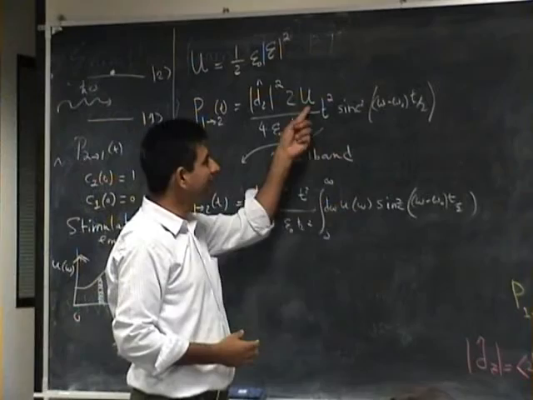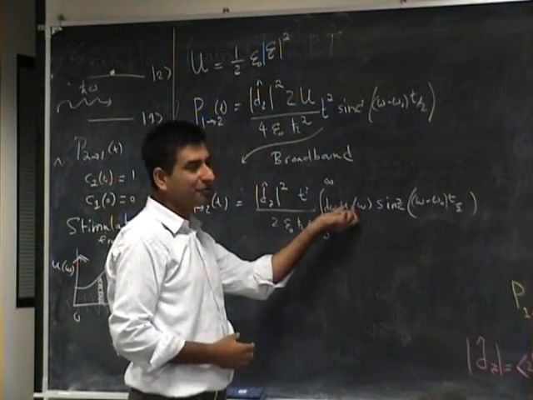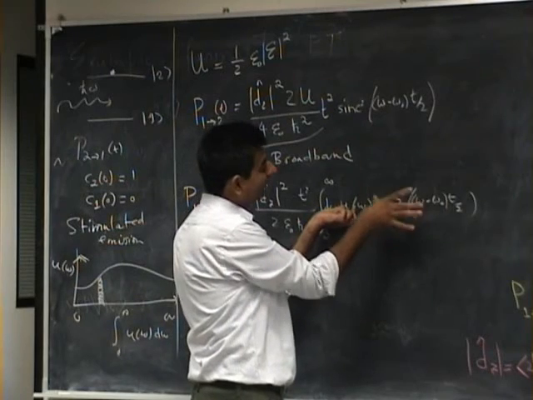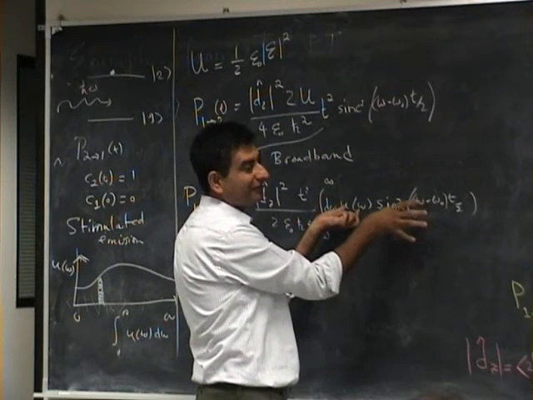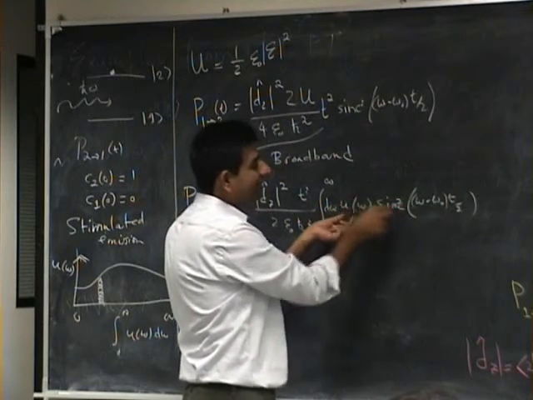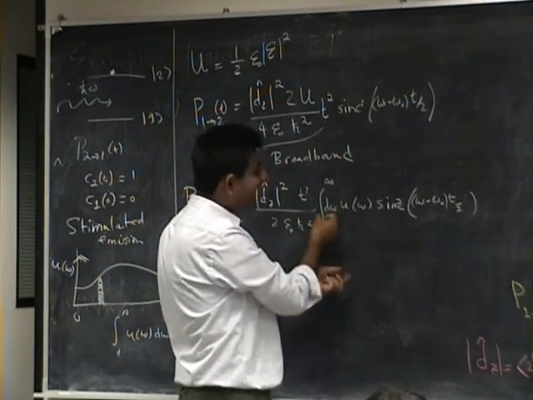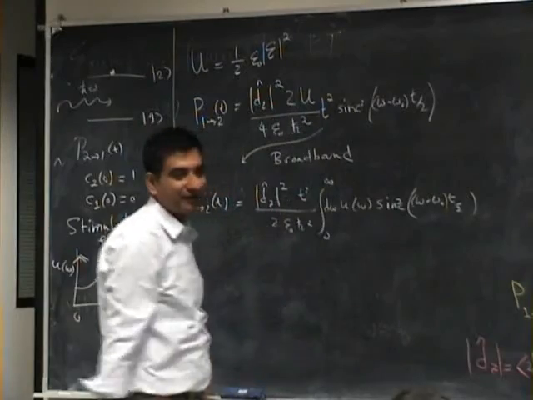So you replace this U by a small u, but you have an omega term here, so you multiply it. So this is the weight, this is the amount of the sinc function that you need to have at a particular omega, and then you integrate it over all the frequencies, you get the total.